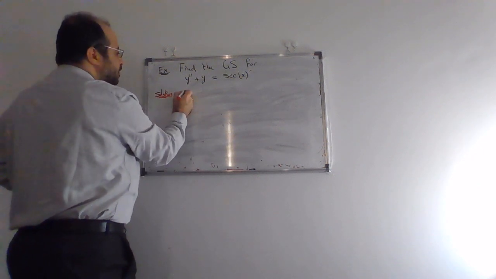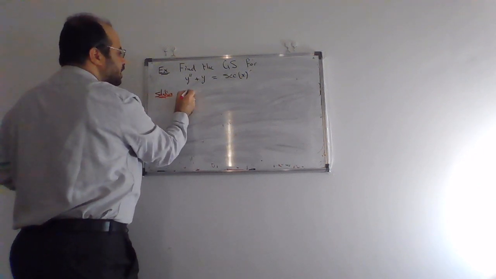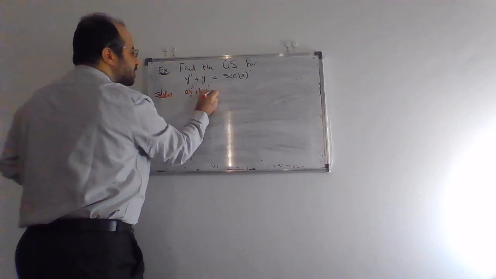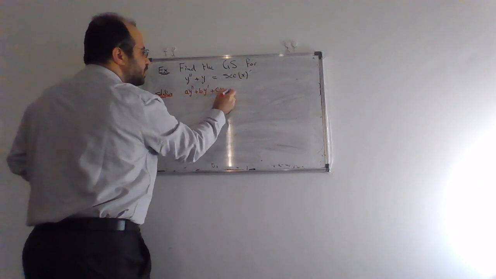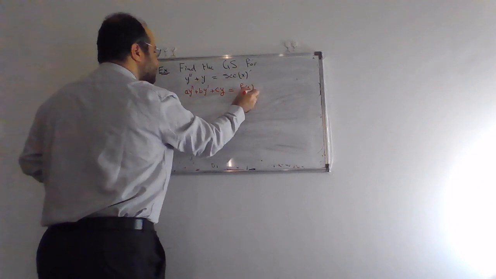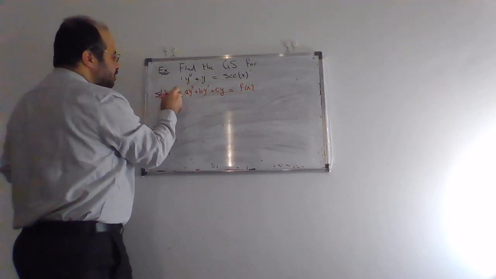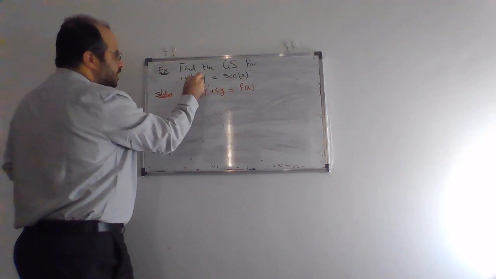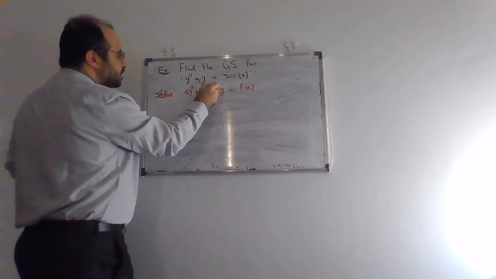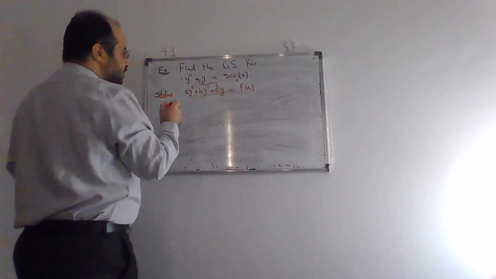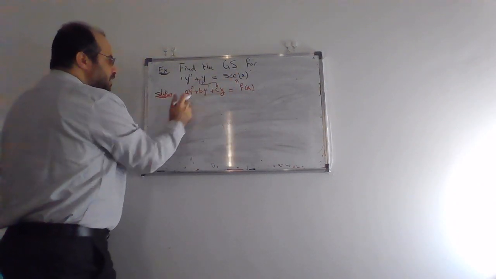Now we are looking for something like a y double prime plus b y prime plus c y equals f of x. Now it's clear that your a here, and this thing is your c, and this is your function f of x. So it is clear now that b is 0.